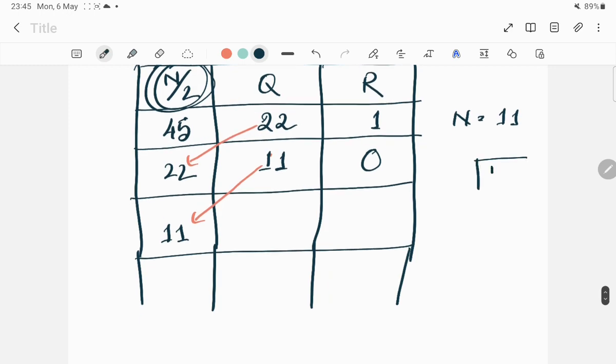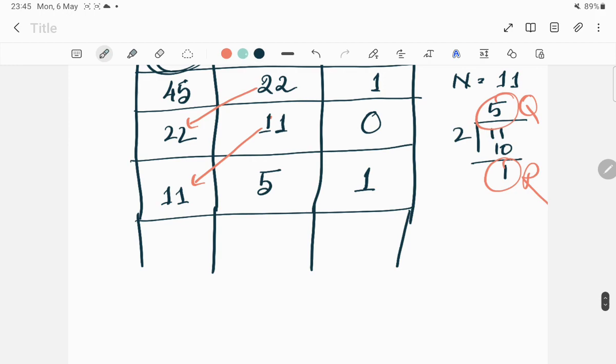So 11 divided by 2, 2 5s are 10. Now 1. So this is our quotient and this is our remainder. So we have 5 and 1. Okay. Now you can see that this hasn't yet become 0. So we cannot stop.